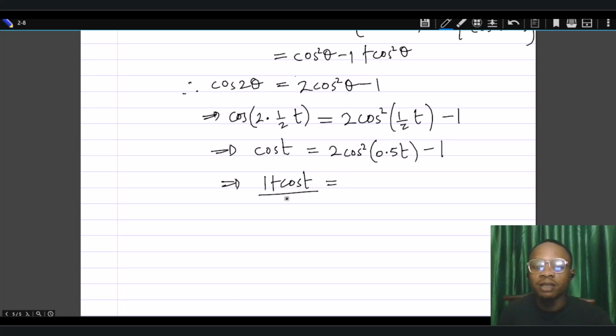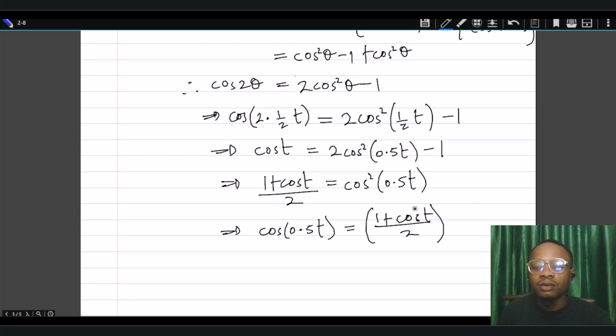So when we divide this by 2, we're going to have cos squared 0.5t, and from here we'll have cos 0.5t equal to all of this, 1 plus cos t divided by 2, to the power of 1 over 2. All right, so that's when we take the square root of both sides.